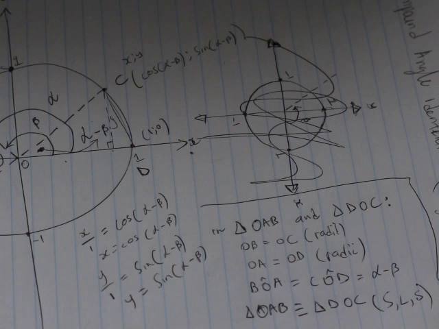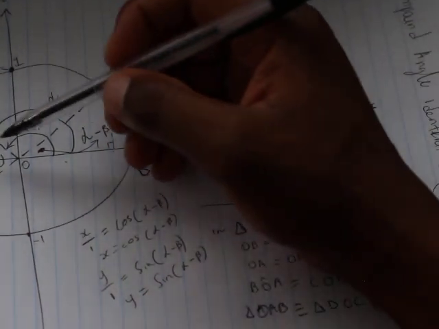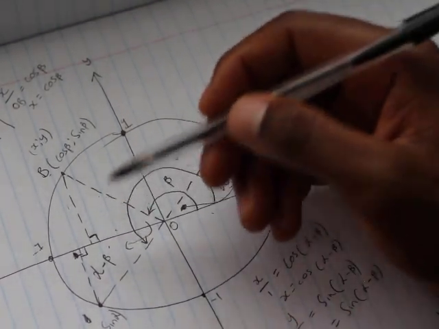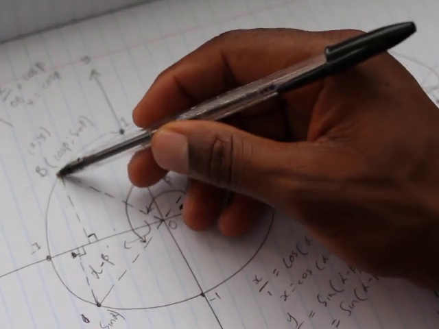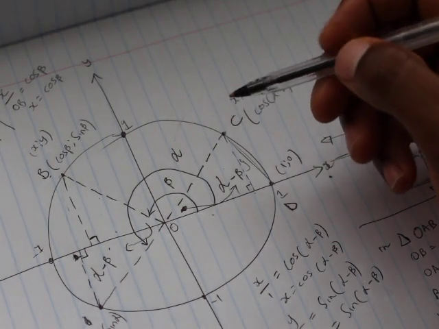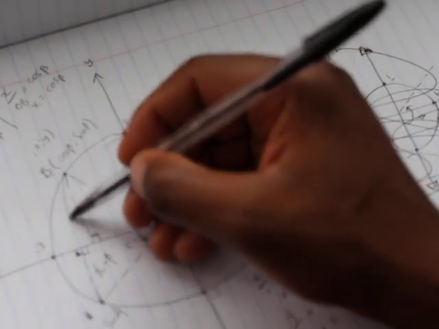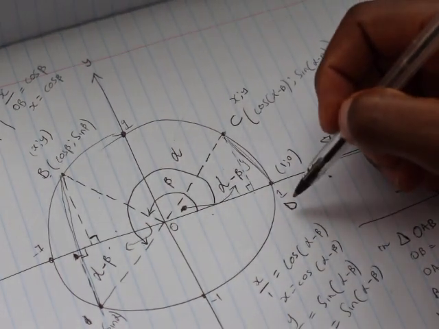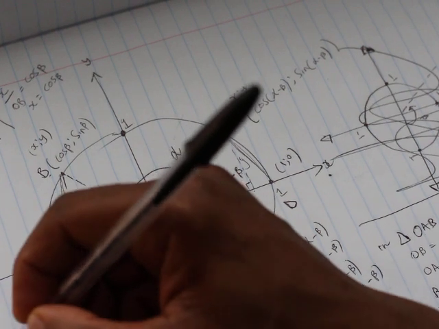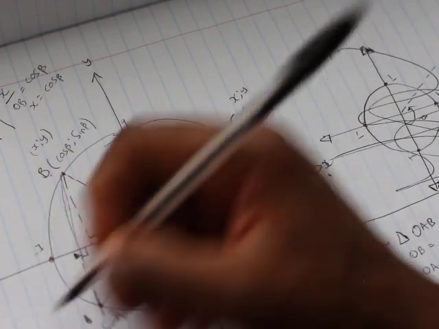So we can then conclude that if the two triangles are congruent, so this triangle and that triangle, that means that the third side, AB and CD. So AB is equal to what? CD, right?